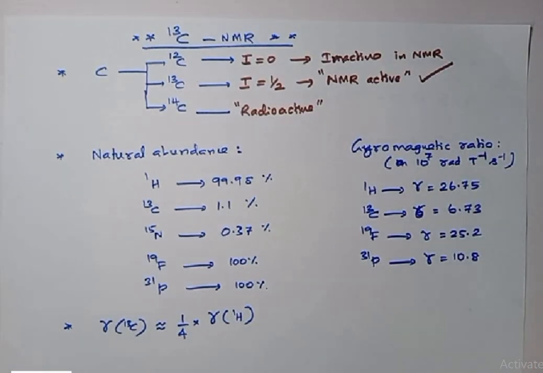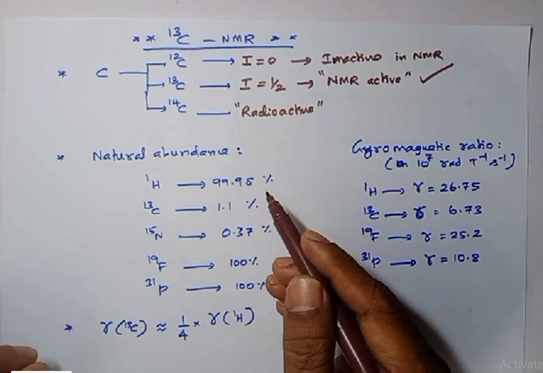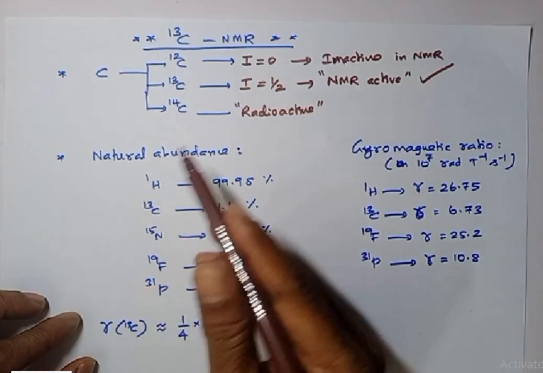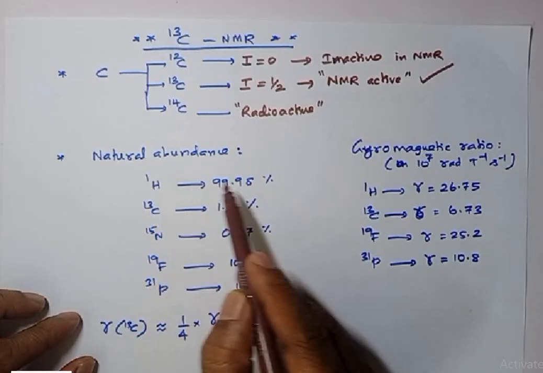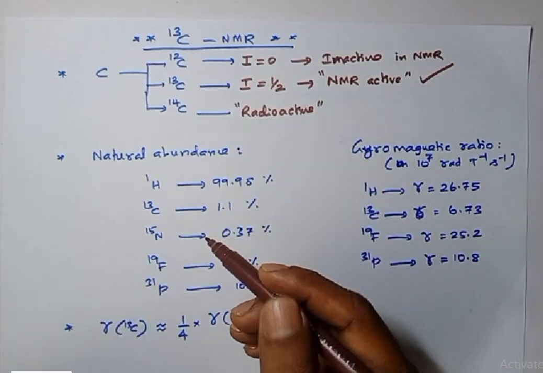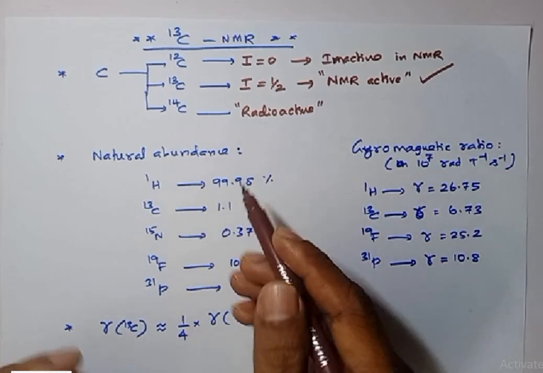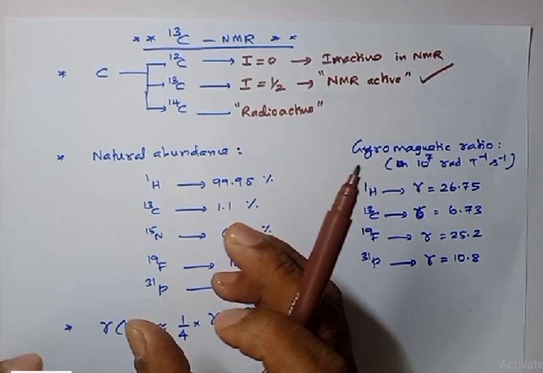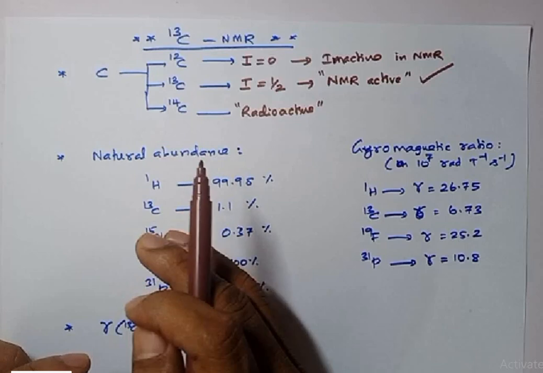Now, if you compare the natural abundance: you know very well, hydrogen exists as proton, deuterium and tritium. The natural abundance of proton is 99.98%, extremely high. So the proton NMR spectrum usually gives intense signals compared to C13.